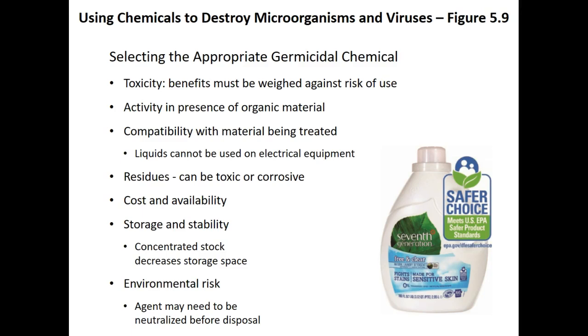Is it more beneficial to not use it versus using it, depending upon the potential harm or side effects it may cause? We have to consider the activity and the presence of organic material, being any material that contains carbon. Obviously, human beings being organic life forms, we don't want to interrupt those organic molecules that make up and comprise our cells. So we have to absolutely consider that as well.